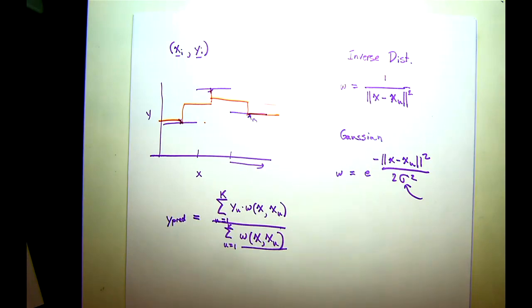The smaller that is, the more quickly the weight will go down to 0. So with nearest neighbor doing this, you can get some nice smooth values. Of course, it's at the trade-off of a lot of computational cost. So let's see if we have some examples of this.